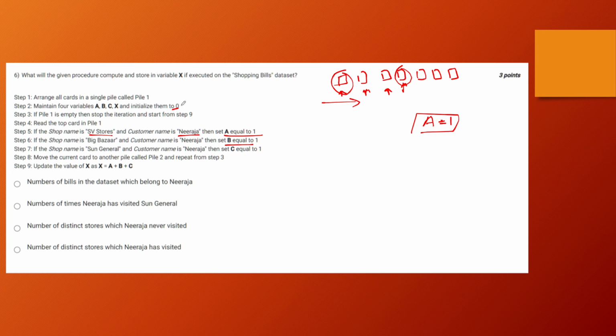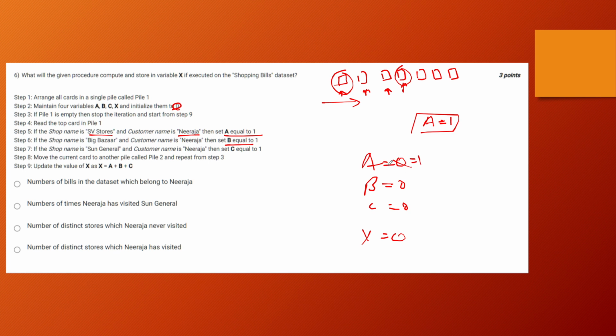So remember, they were all first initialized to 0. Initially A was equal to 0, B was equal to 0, C was equal to 0, and there was this variable X that is also equal to 0. In the first instant that you see SV Stores and Nirja, you will increment A to 1.